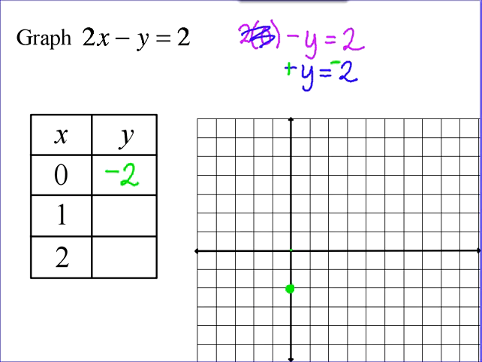Wait, 2 times 1 minus y. Okay, good. 2 times 2 minus y equals 2.